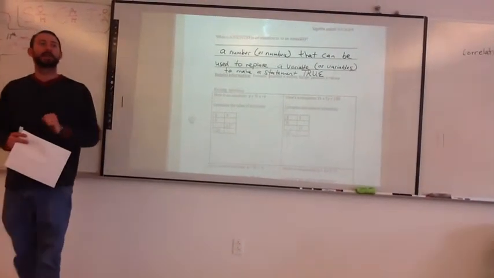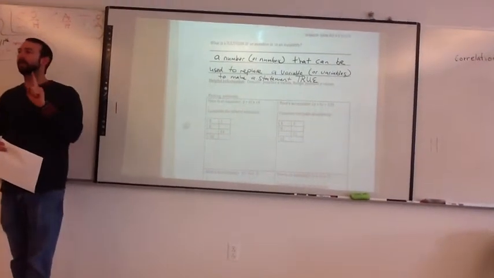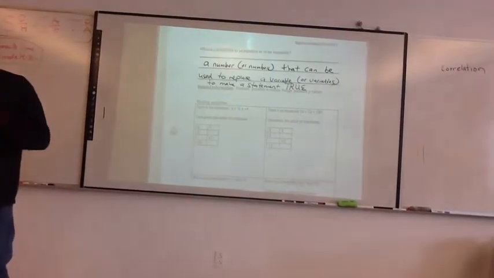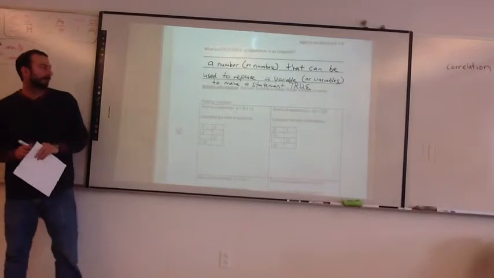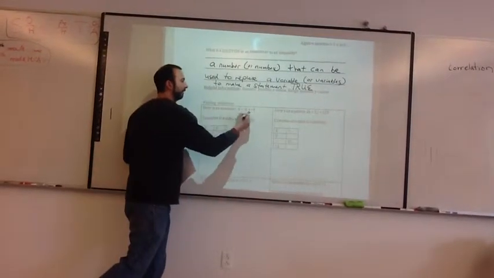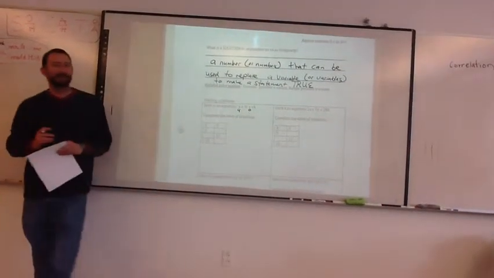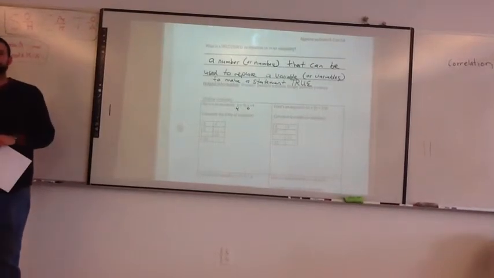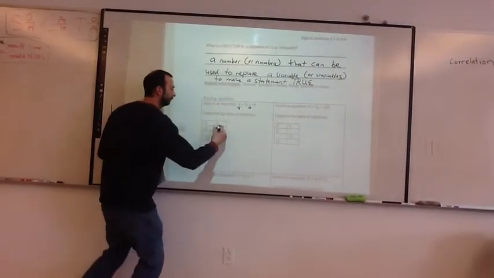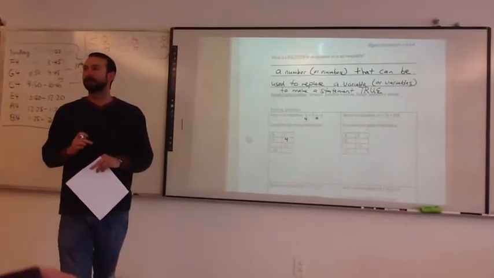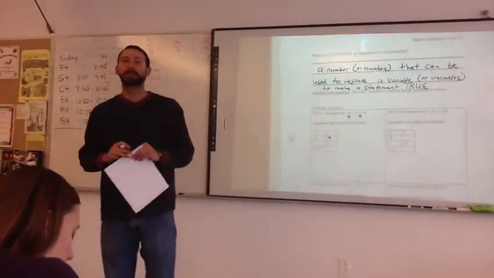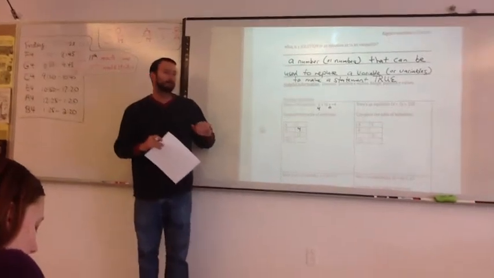If I make the x value equivalent to 0, there is only one y value that will continue to make that statement true. Jerry? 4. If I substitute a 0 here, he says a 4 there would make that statement true. Do we agree? All right. So 0, 4, or x equals 0, y equals 4, would be one particular solution for this equation.